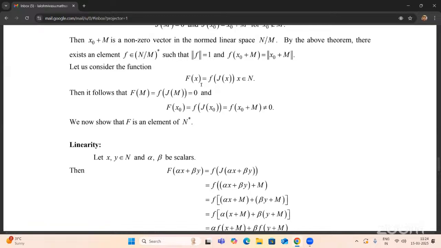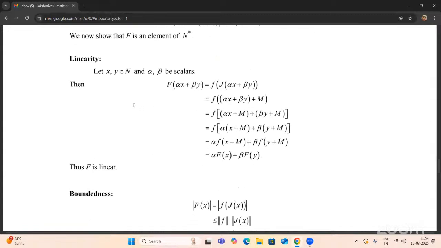We know that capital F of M equals 0. So capital F of x naught equals small f of J of x naught. Through this definition, J of x naught means x naught plus M. So that value is also not equal to 0.